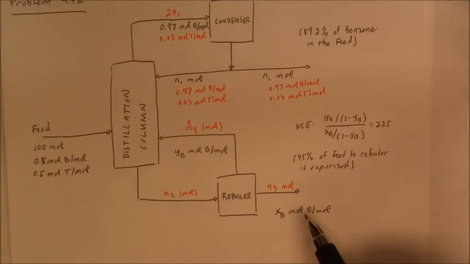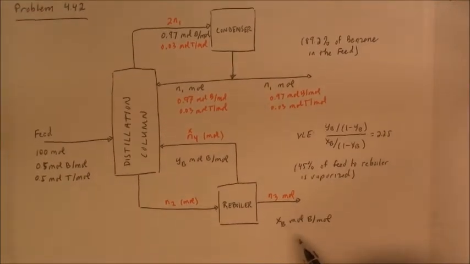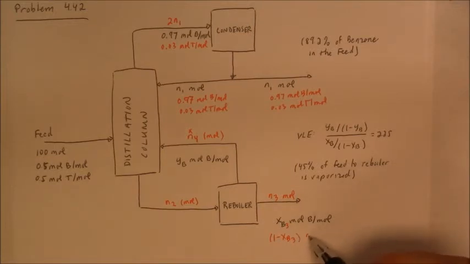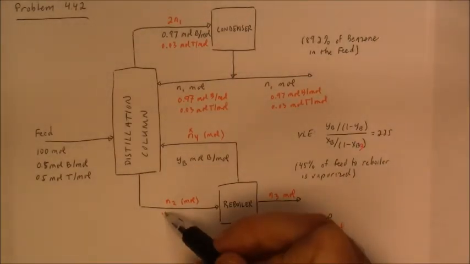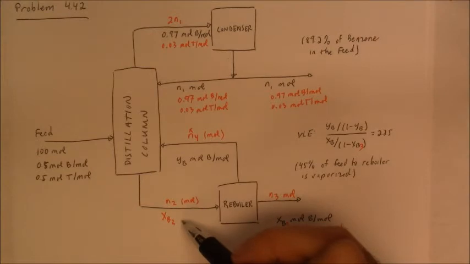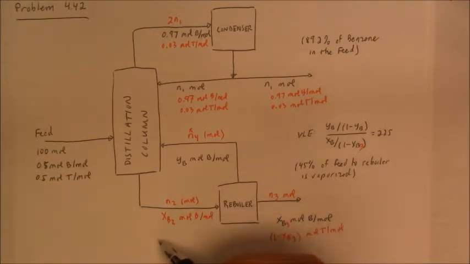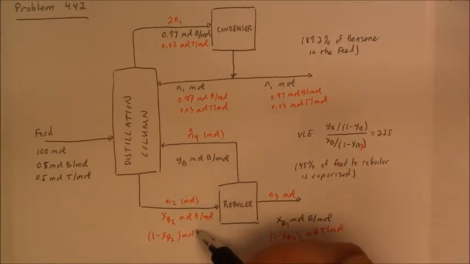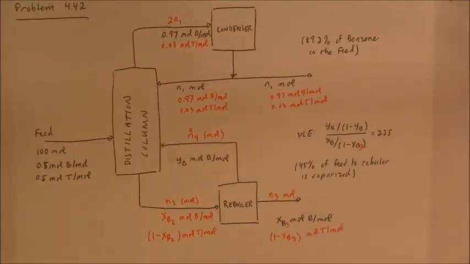Also, just to be consistent, or to come up with some different names, I'm going to call this XB3, and so I'll have 1 minus XB3 moles T per mole, and because I made this XB3, I'll make that a 3 right there. And also we have XB2, so we have benzene coming in, mole B per mole, and then 1 minus XB2 mole T per mole.